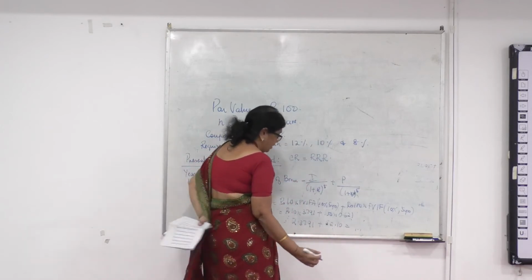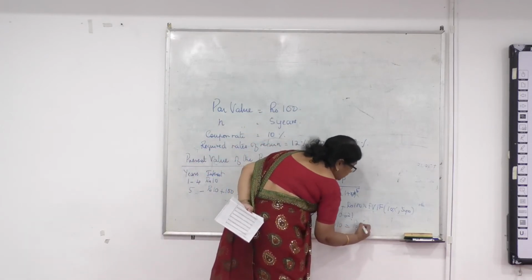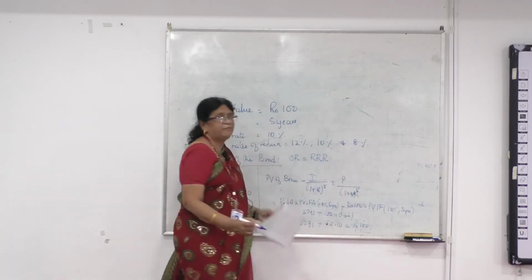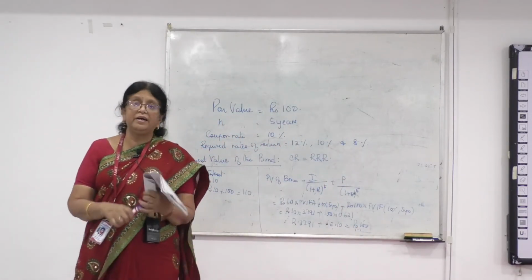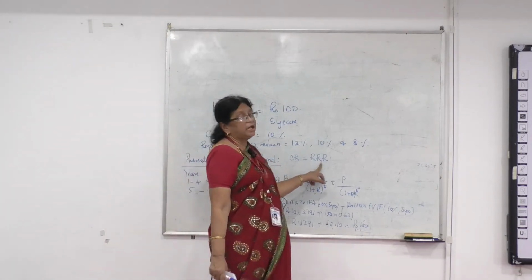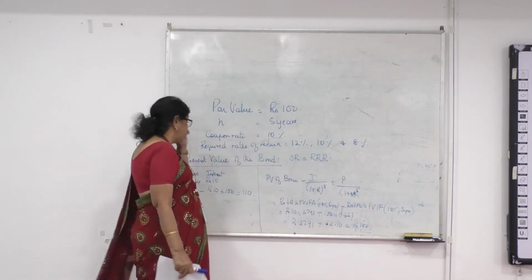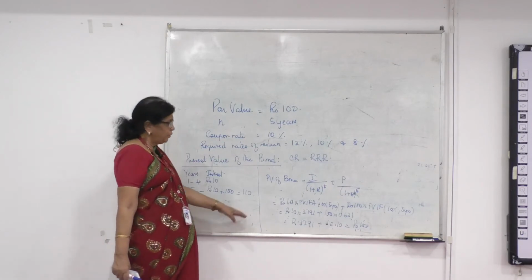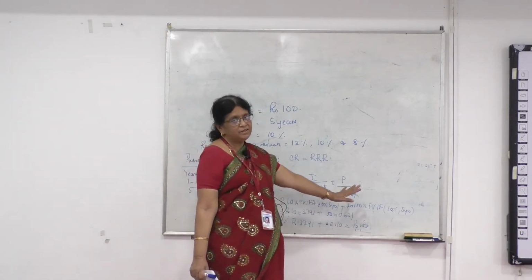So that gives you an answer which is almost equal to rupees 100. So we have proved the second bond valuation theorem, which says when the coupon rate is equal to the required rate of return, the par value of the bond will be equal to the present value.